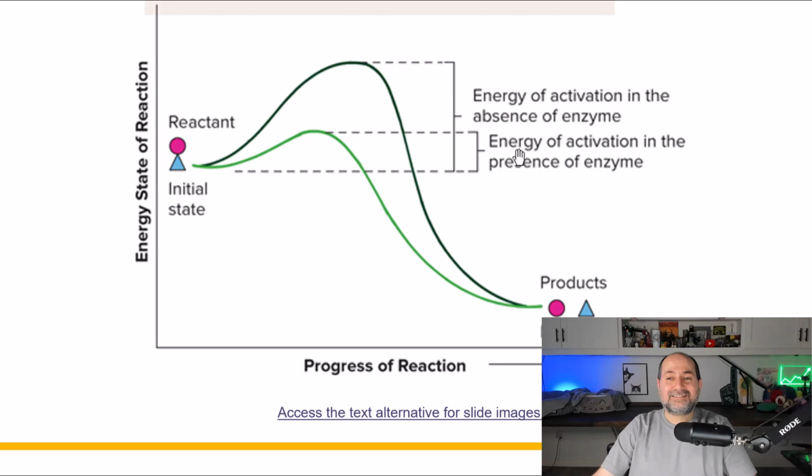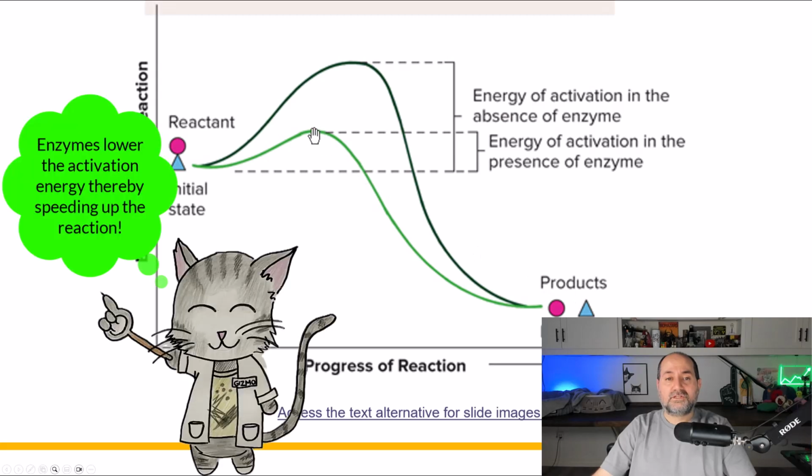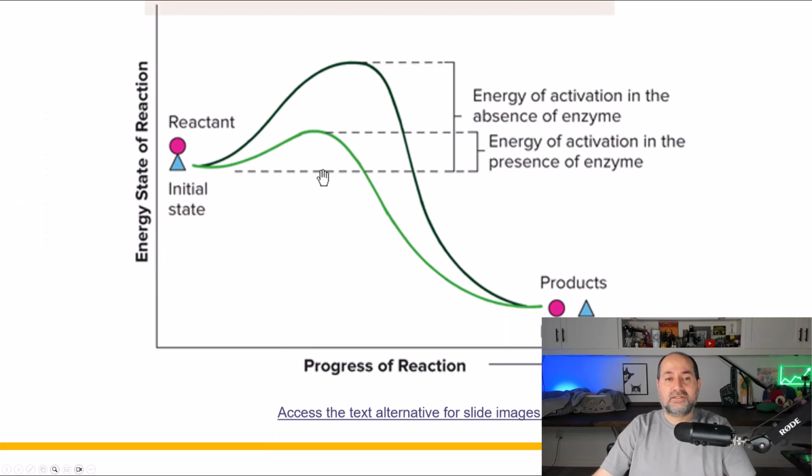And when you add an enzyme, what it essentially does is it lowers that speed bump. It lowers the activation energy. And the lower the activation energy goes, the faster the reaction proceeds. In fact, if you were able to lower this speed bump all the way down to here, then it would be an instantaneous reaction.